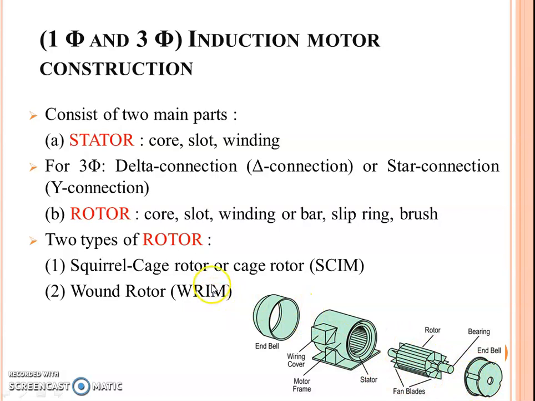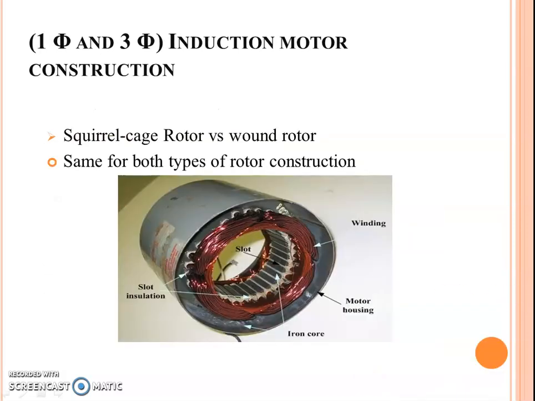The stator is the same for single phase and three phase induction motors, and we have windings here. If we have three phase, one phase contributes 2 poles, so with three phase we have a minimum of 6 poles.